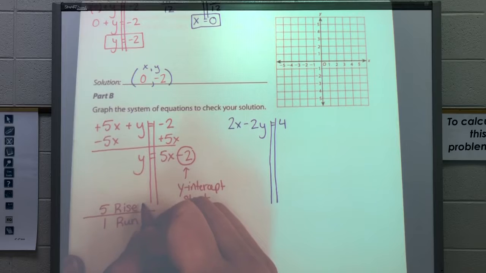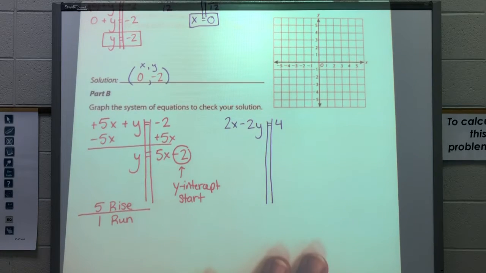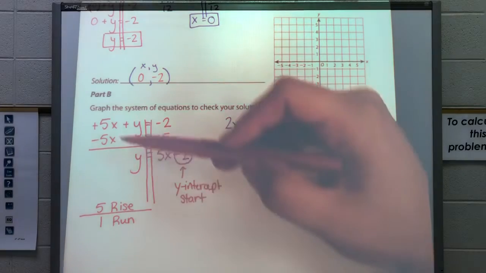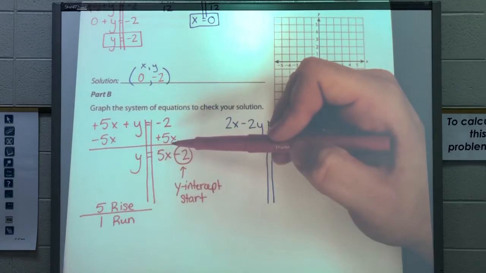And that means, well, I made a mistake right off the bat. What mistake did I make? This is a good test-taking strategy, I guess. It's not supposed to be positive 5, right? Right here, I subtracted 5, and over here I wrote plus 5.